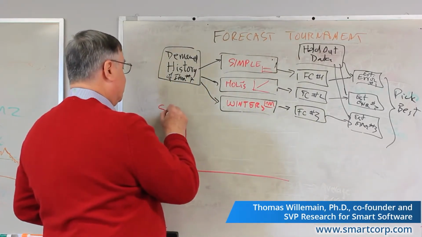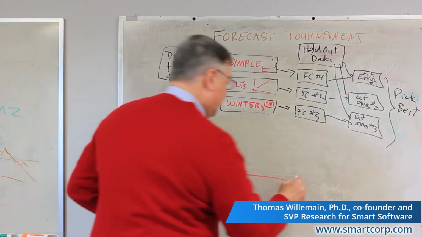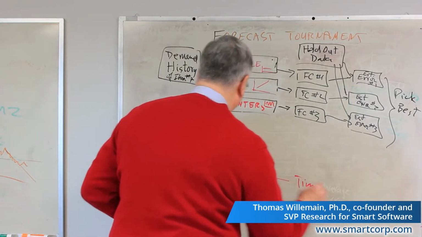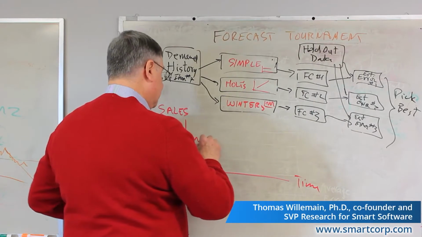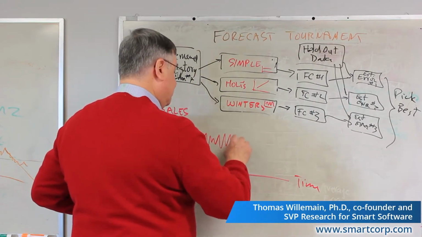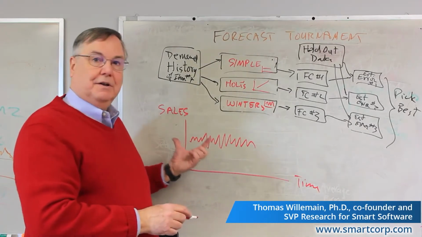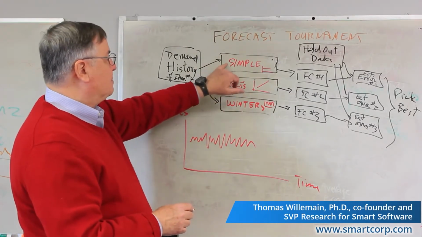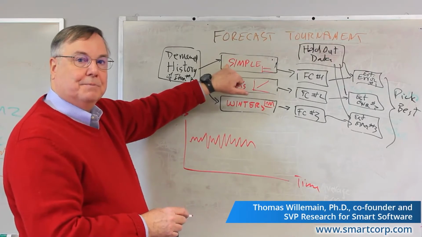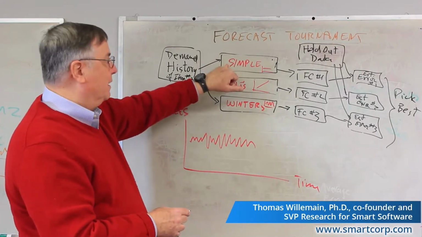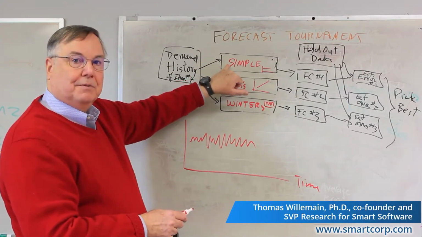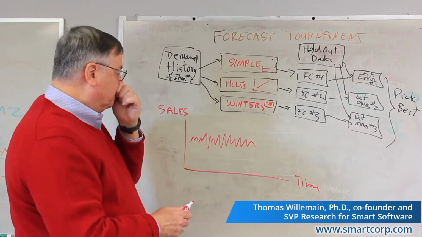Let's suppose that we're looking at sales versus time. And if we had a data series that looked something like this, we would pretty clearly say that there's no trend and no seasonality. So this particular type of method, simple or single exponential smoothing, would be the one that would give us the most accuracy.